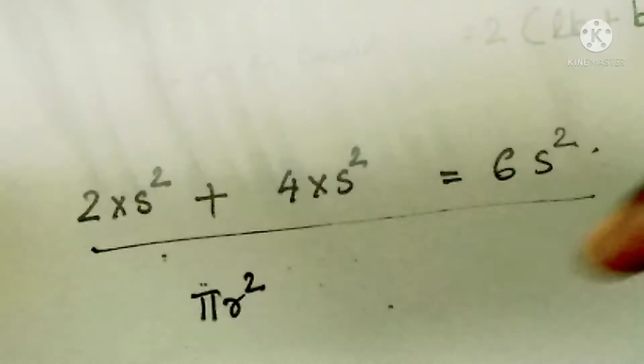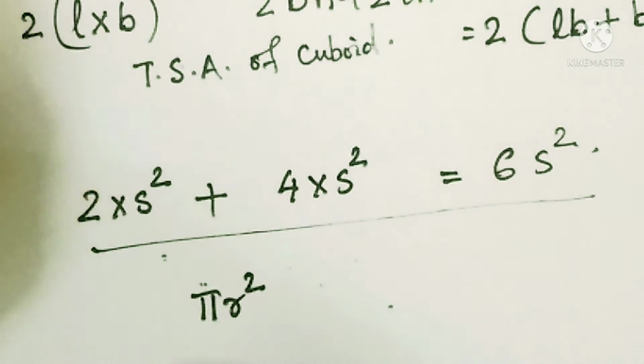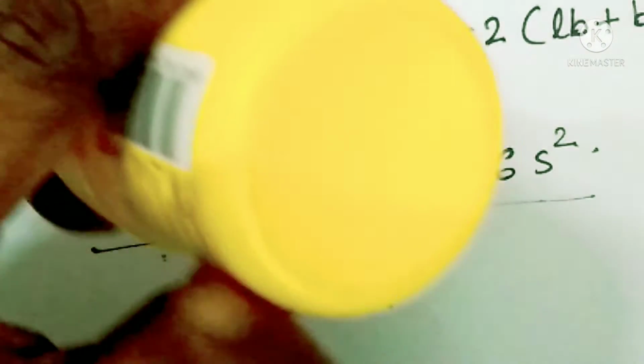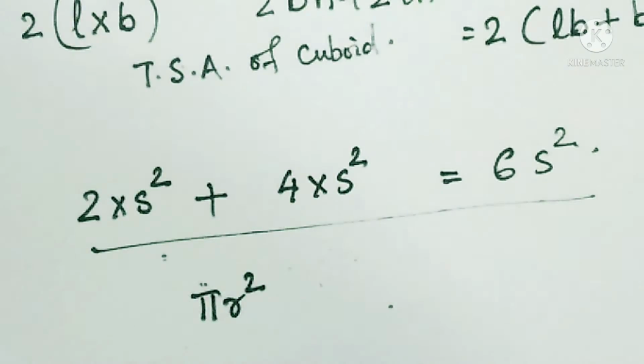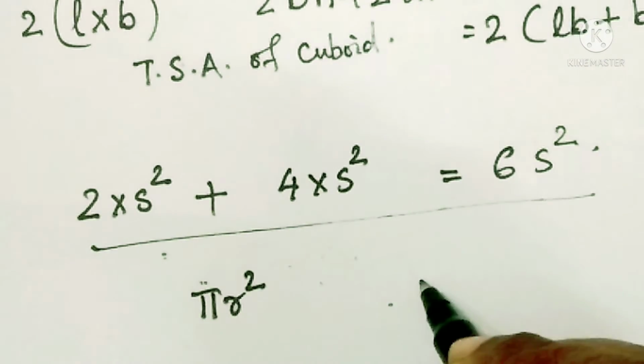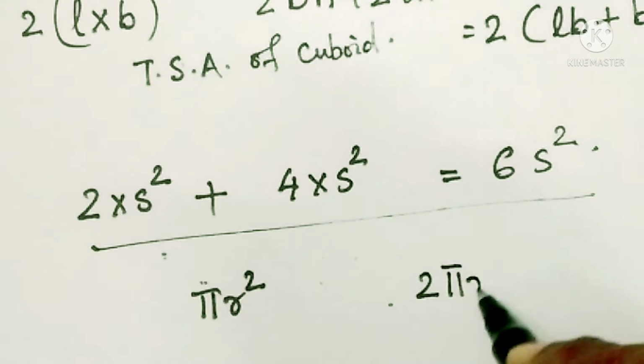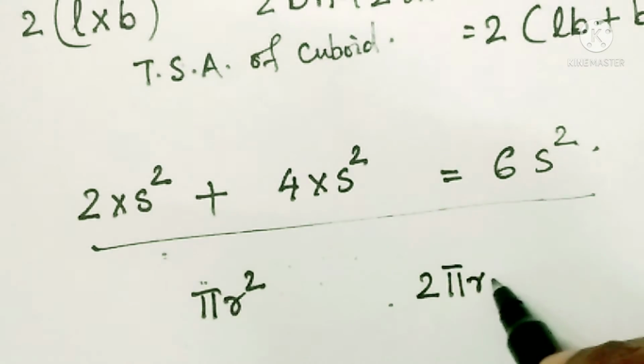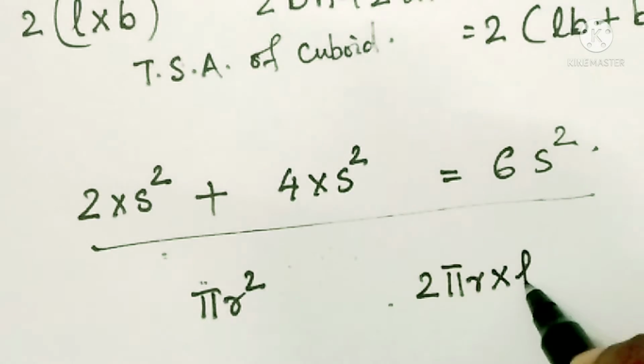So the area of this paper is equal to length into breadth. We saw that the length is equal to the perimeter of this side. So what is the perimeter of a circle? Perimeter is 2 pi r, and height we got as h.